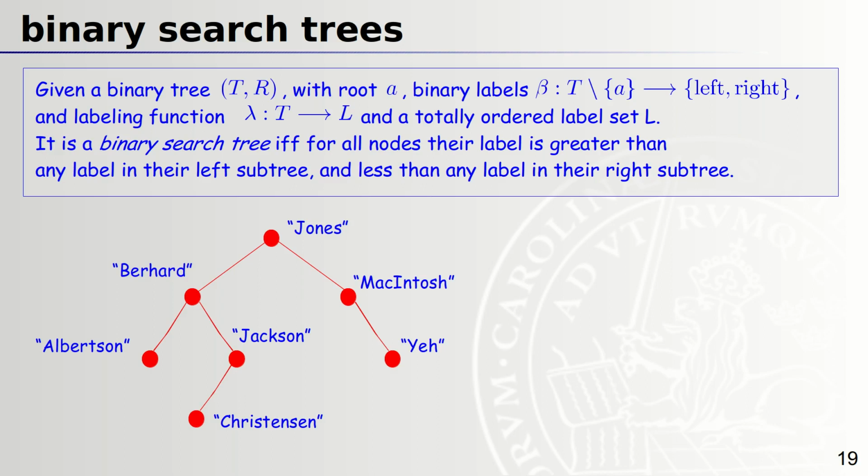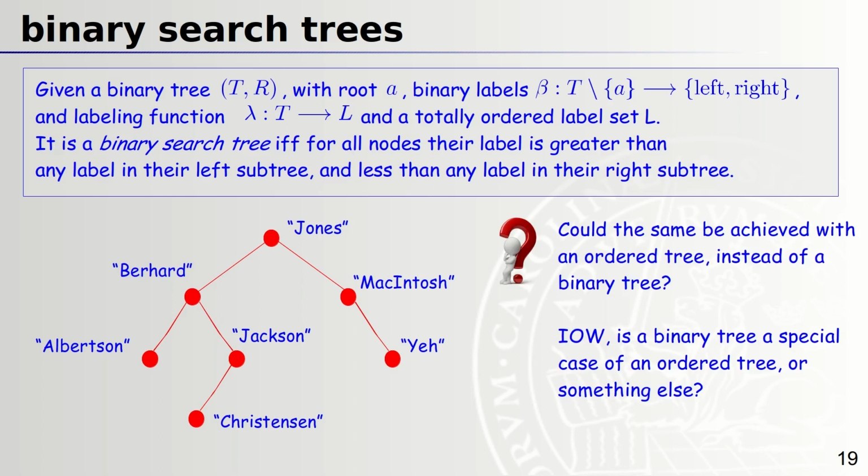We call a binary tree a binary search tree if for every node all the labels in its left subtree, the one starting with its left child and going down from there, are less than its own label, and all the labels in its right subtree are greater than its own, as is the case in this example.